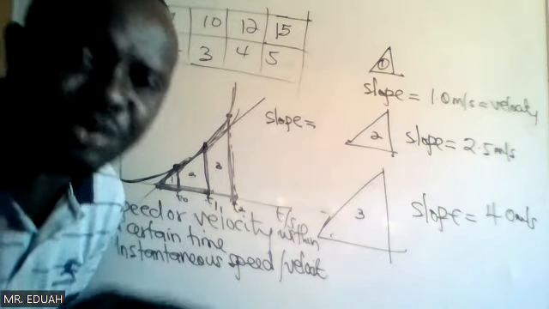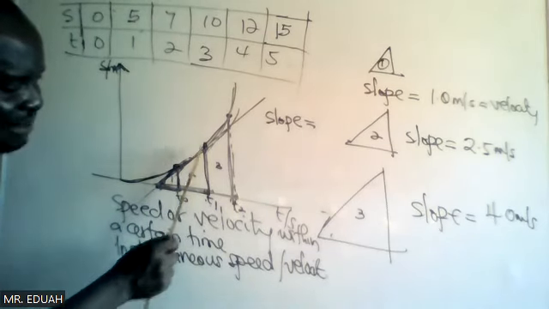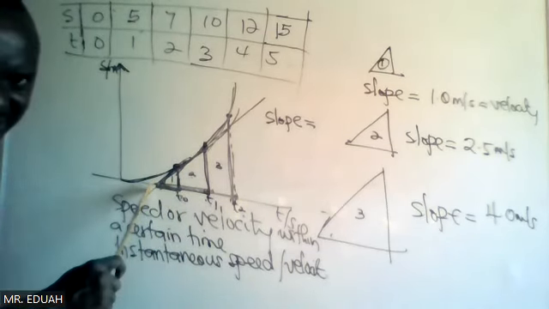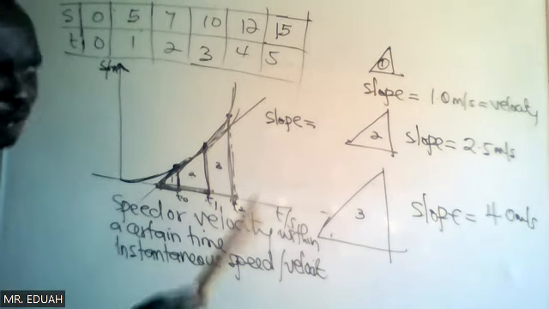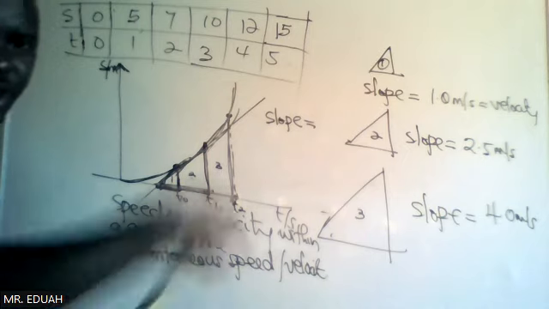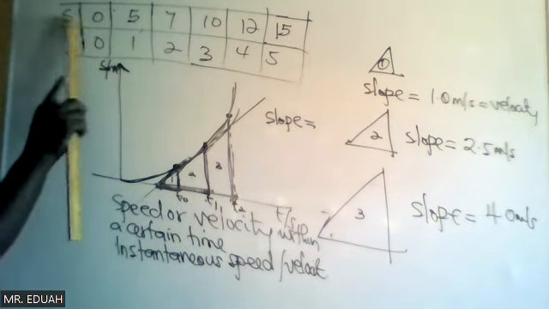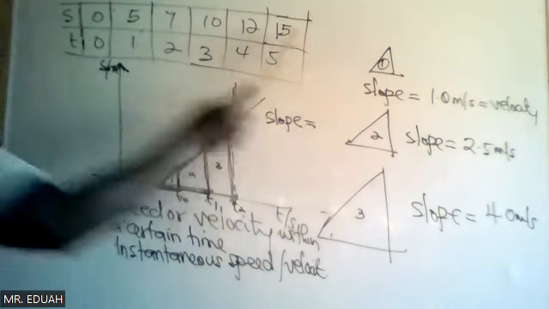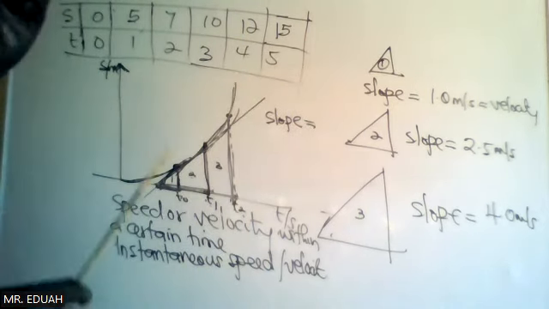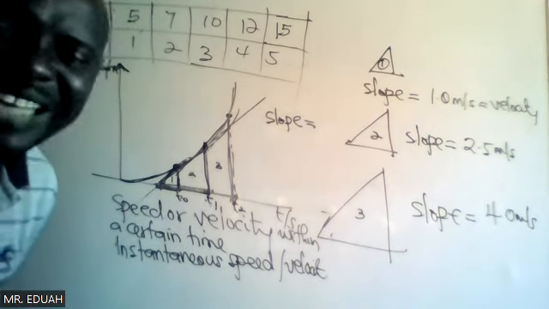Bodies accelerate because at different times, at different instances, the slope, which is equal to the velocity, increases. It can also decrease due to the distances increasing or decreasing. So for a non-uniform velocity motion, bodies accelerate.